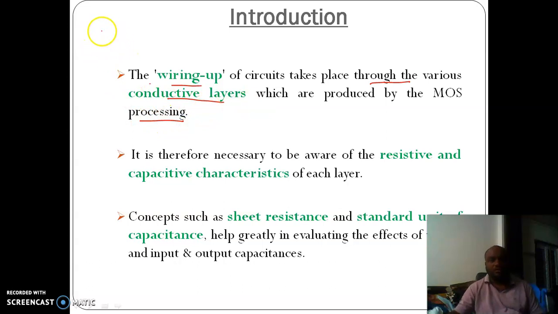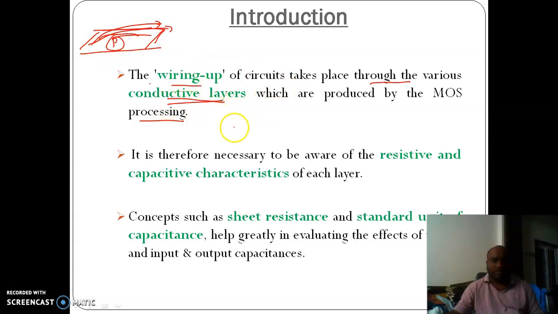As we have learned in MOS fabrication, it starts on a silicon substrate with the design of MOS with P substrate, then with silicon dioxide layers, and then so many photolithography processes, and all the layers are stacked up. So each one is through various conductive layers.